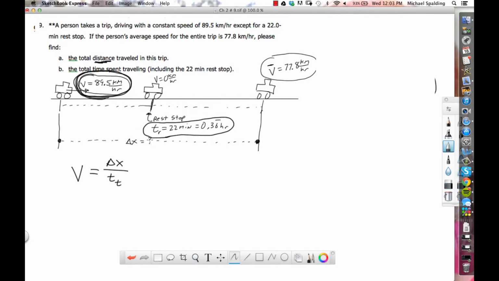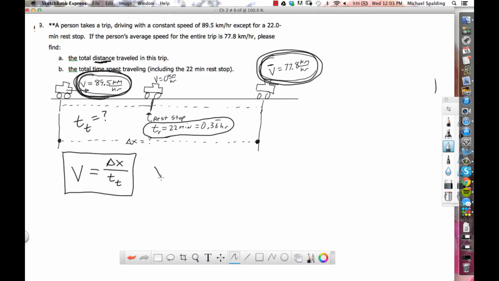Time of rest. And then t sub t is the time well in motion, well moving. That includes the time for the first part and the second part. Okay? So this equation right here is the equation for the velocity while moving. You take the total distance or displacement and divide by the time while traveling, and that's going to give you this, the 89.5. Okay, now what can we say about this?